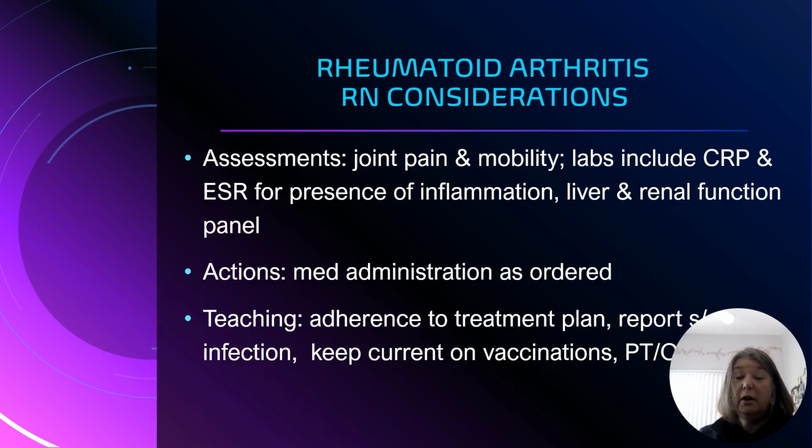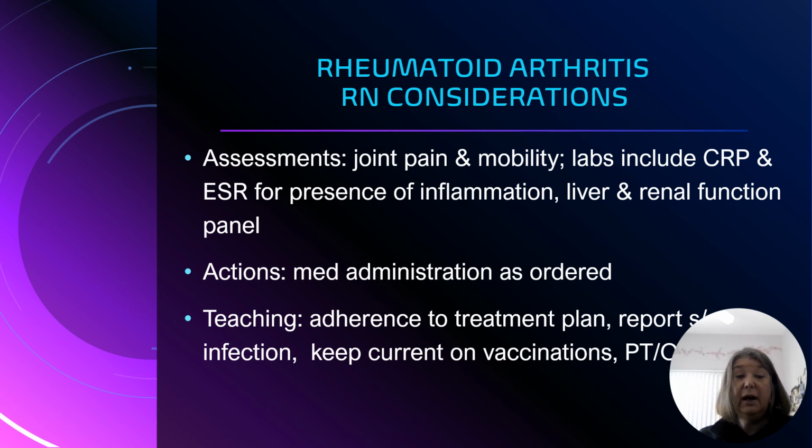Rheumatoid arthritis RN considerations. So vitals may be altered related to pain, but really we're going to be looking at joint pain and mobility. We're going to be looking at disease progression. Don't forget that an increase in temperature can indicate infection, which is never good.